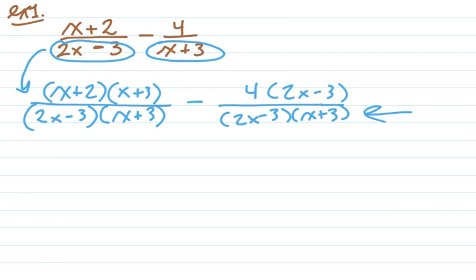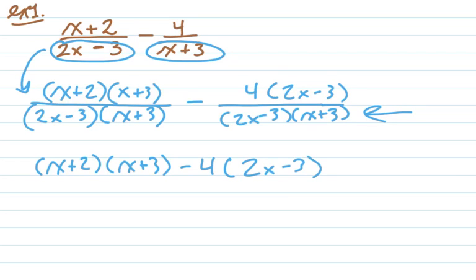So now I have two terms with the same denominator, so I can combine them. I can say, okay, x plus 2 times x plus 3 minus 4 times 2x minus 3, all over 2x minus 3 times x plus 3.